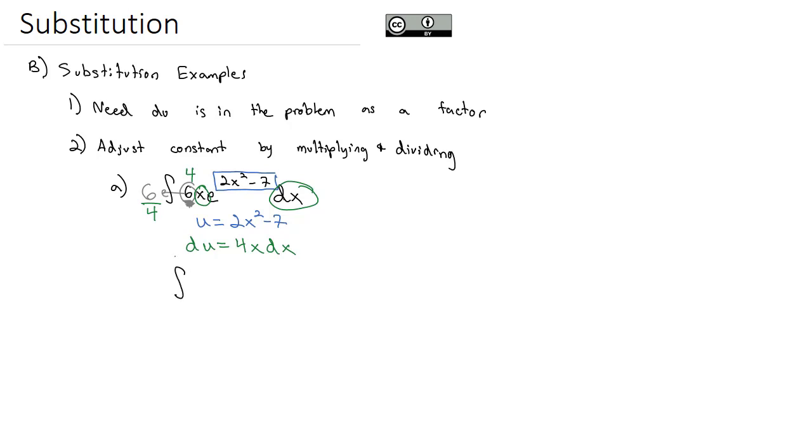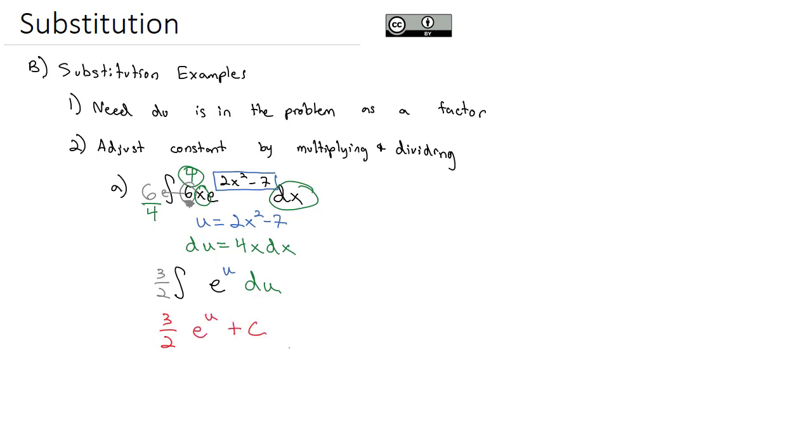So let's look at what that's going to give us now. We've got an integral with 6/4 out front. 6/4 is going to reduce to 3/2. Then the 4x dx all becomes du. And the e's exponent now is a u. And this is an antiderivative we can take really fast. The antiderivative of e to the u is e to the u.